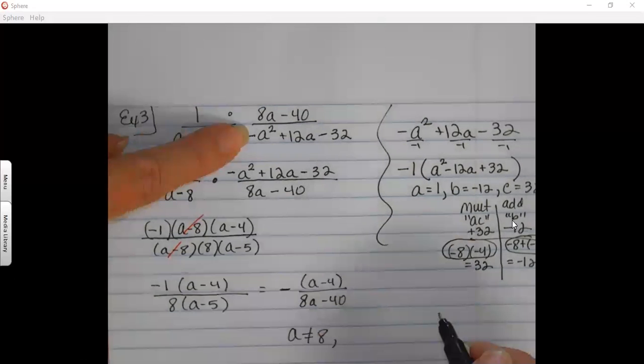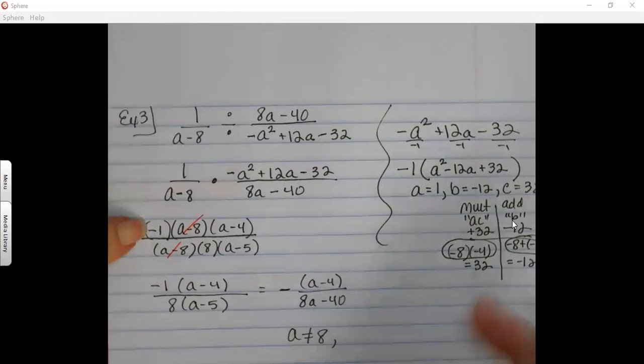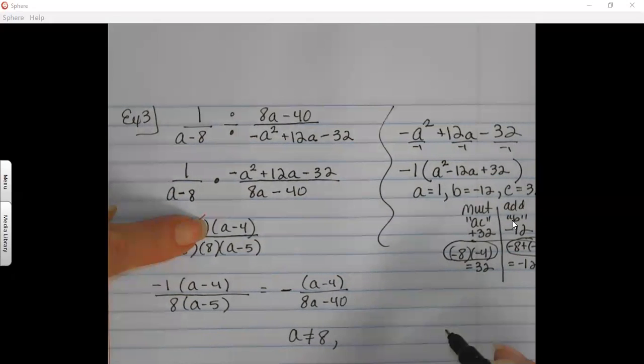So that negative 1, we would not get a restriction from that. From the a minus 8, we would get a restriction of 8, but we already have that written down. And the a minus 4 would give us a restriction of what? 4. And then our final denominator, the a minus 8 would give us a restriction of 8. We already have it. The number 8 is not going to give us a restriction because there's no variable with it. And a minus 5 will give us a restriction of what? 5.